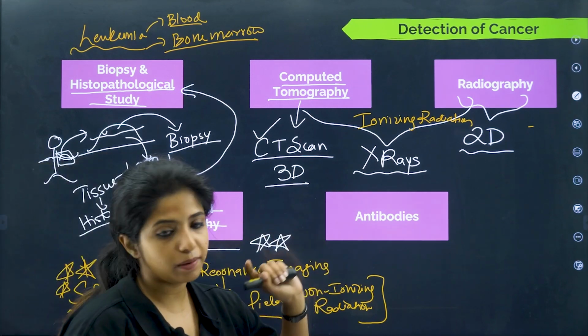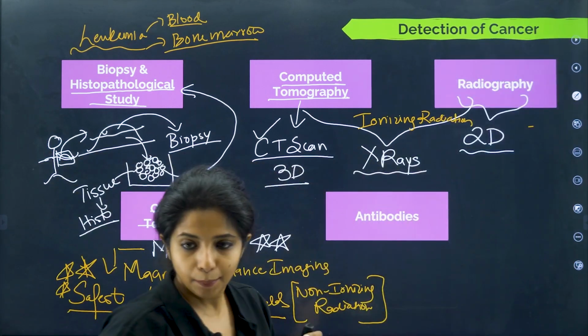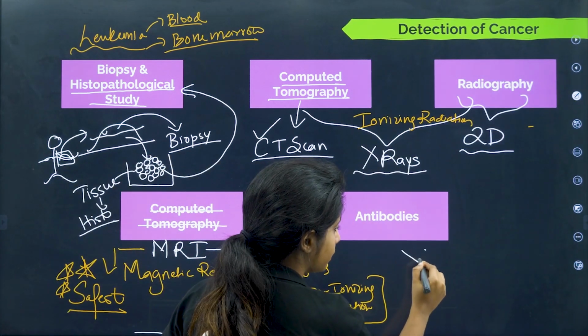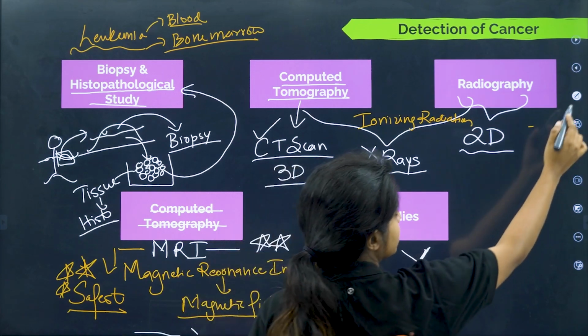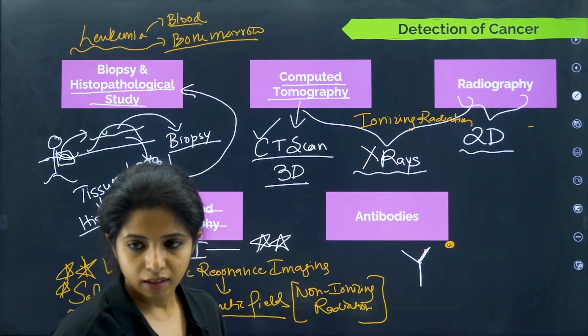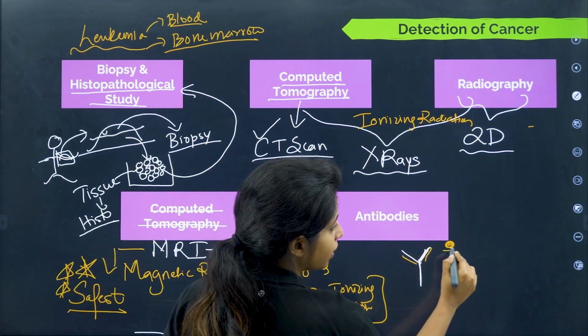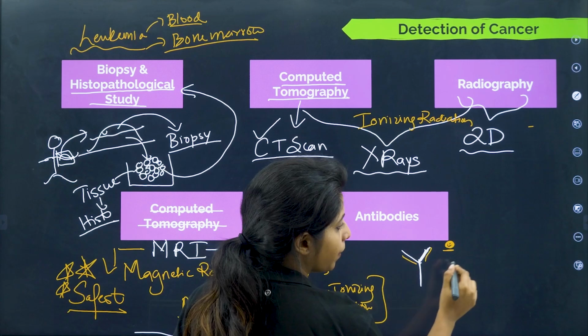Okay, that is one thing. Now what about antibodies? You know how antibodies work. Basically, there is an antibody, and suppose there is an antigen. It has the perfect site to bind this particular antigen, then both of them will combine.